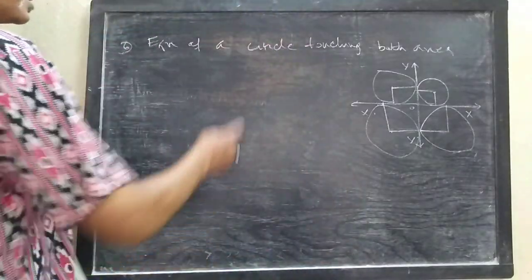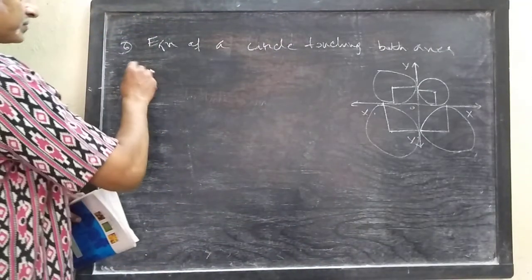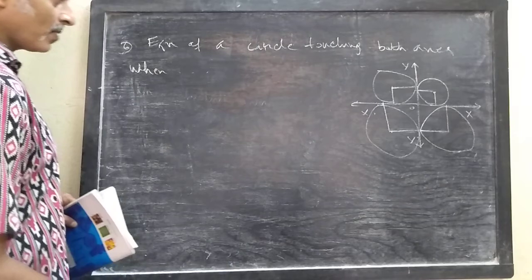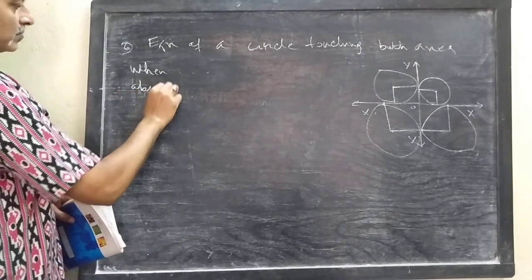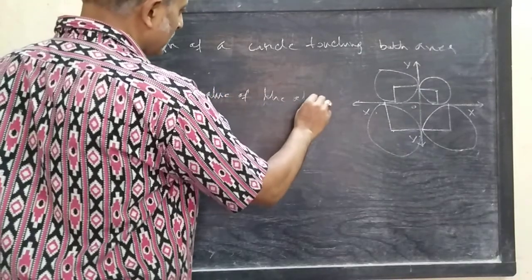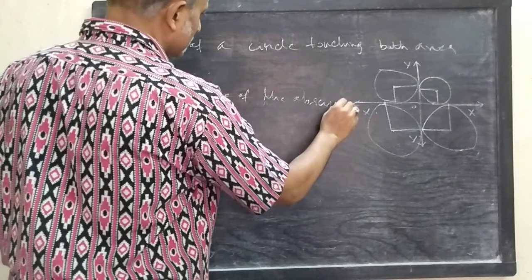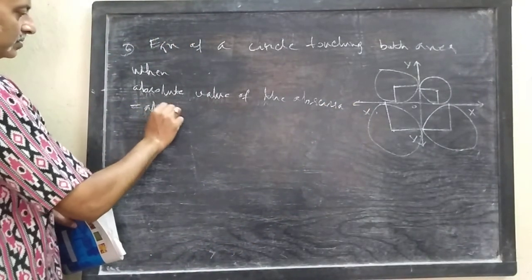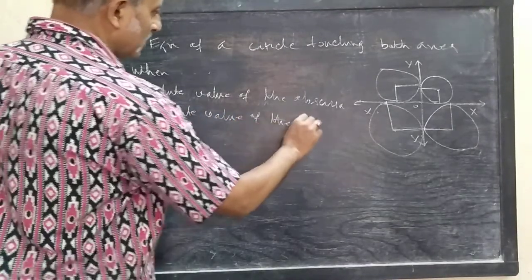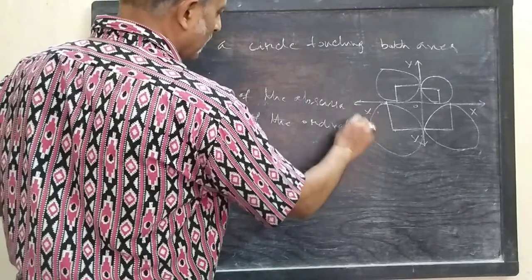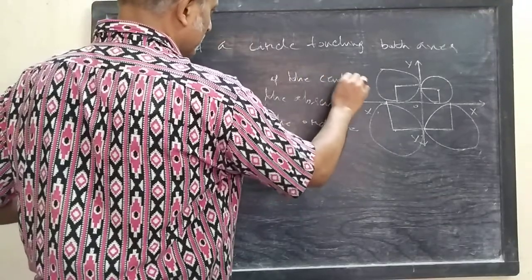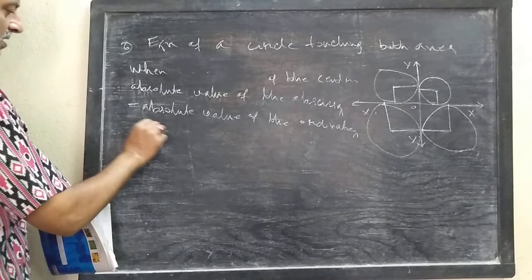So, when a circle touches both axes, then the absolute value of the abscissa is equal to the absolute value of the ordinate, obviously of the center, and is equal to the length of radius.